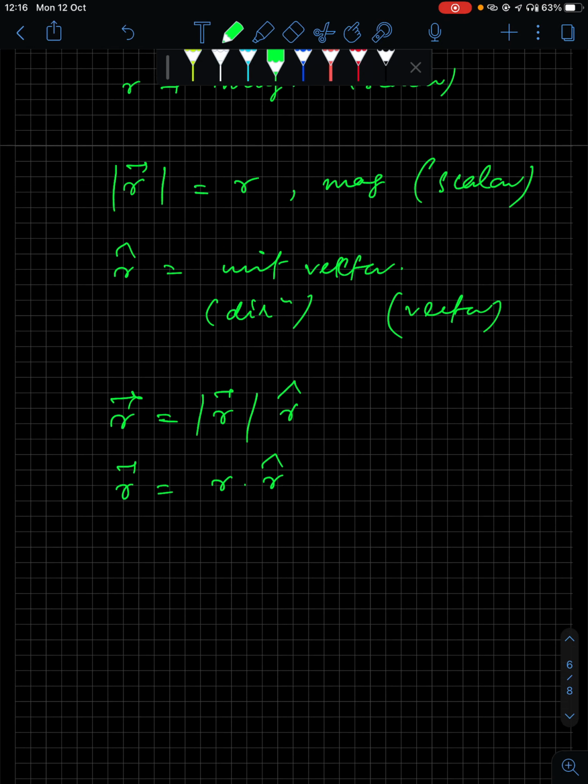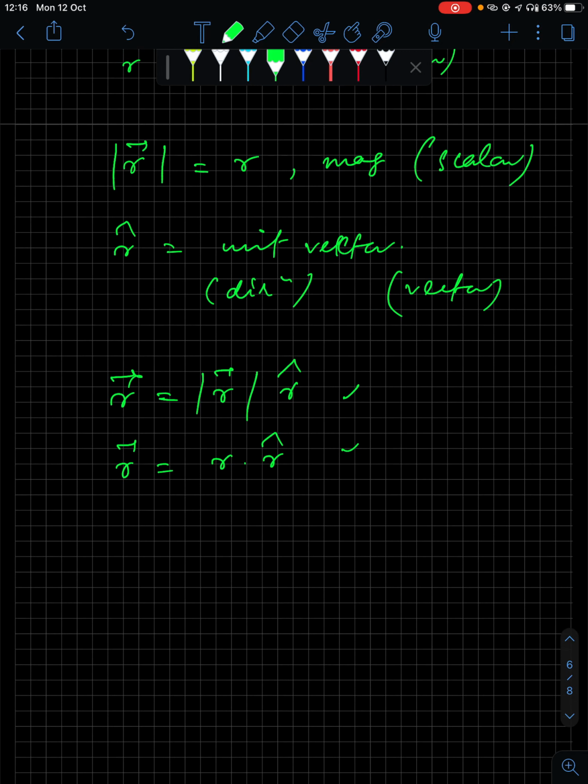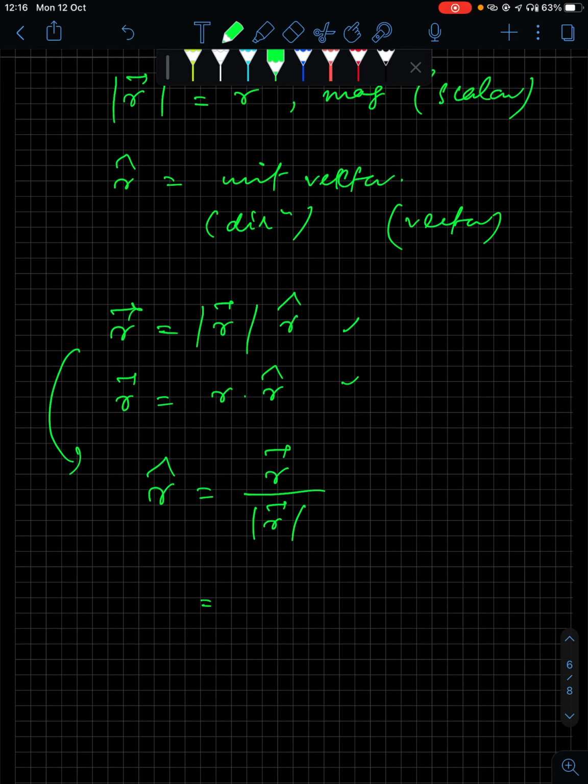This is the other way of writing it. You'll come across both of them very frequently while working with derivations. From this first one, if I want to write the unit vector r, it will be r vector by r vector modulus. This can also be written as r vector by r just. Both mean the same thing, but based on the situation, you will use them accordingly.